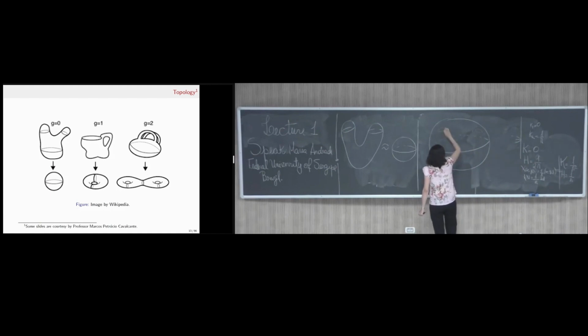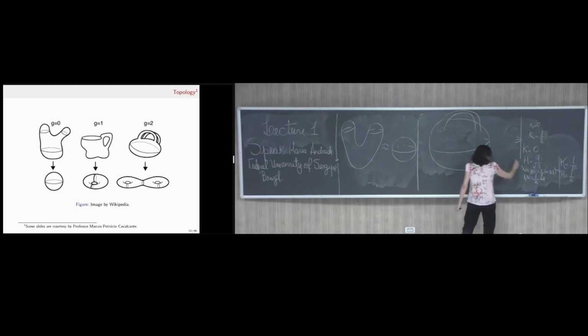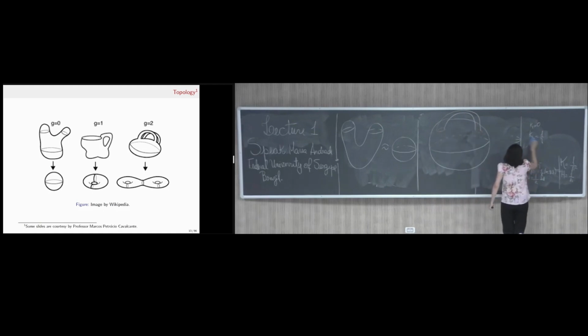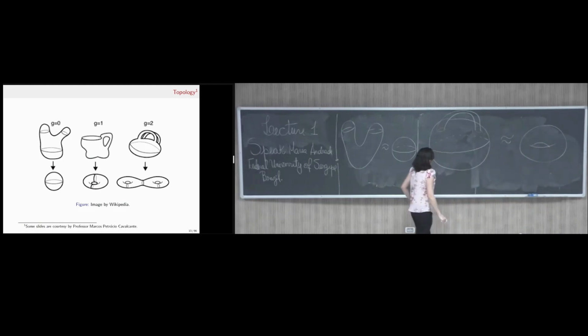We remove 2 disks and put here a handle. When you put here a handle, this is the same topology, the same as the torus. And you can build another, for example, the 2-torus.